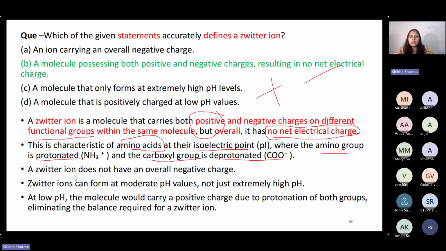A zwitterion does not have an overall negative charge. It can form at moderate pH levels but not at extremely high pH levels. At low pH, the molecule will be positively charged due to protonation of both the groups, eliminating the balance required for a zwitterion.